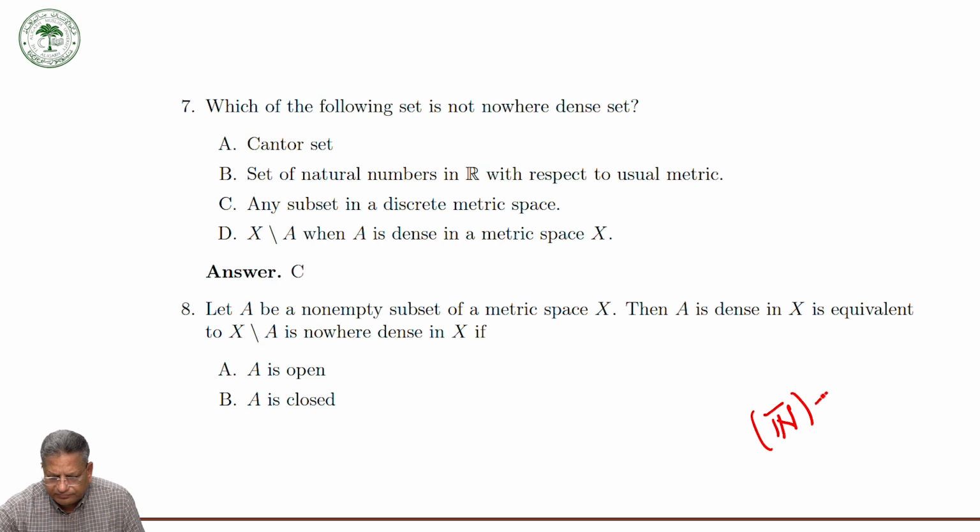So the closure of this is equal to R, and then you take the interior, and this is equal to R. So the set of natural numbers in R with respect to the usual metric is not a nowhere dense set, because this must be equal to empty set. So this is not a nowhere dense set.